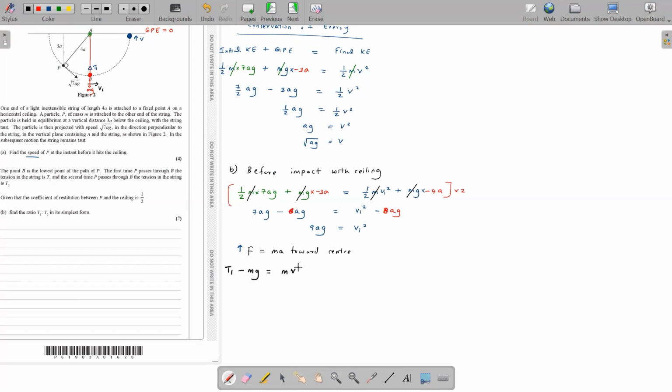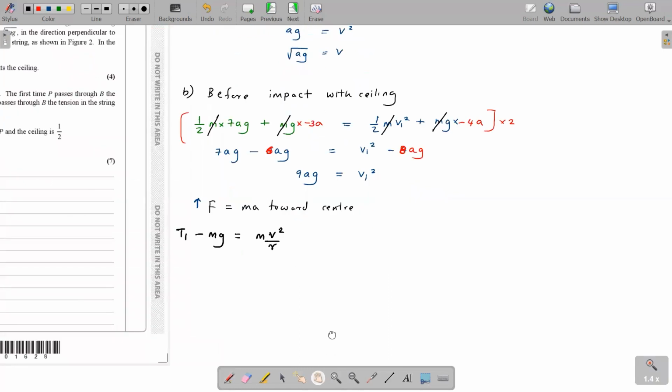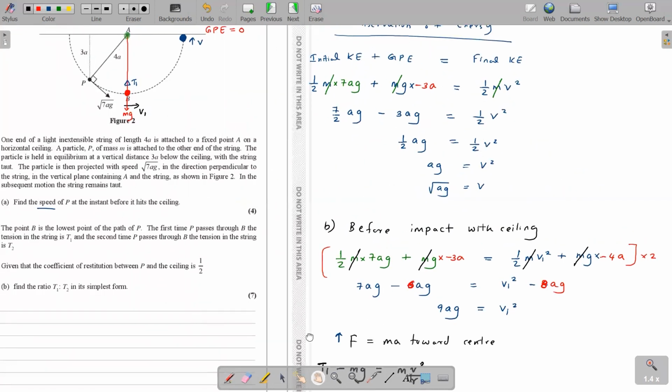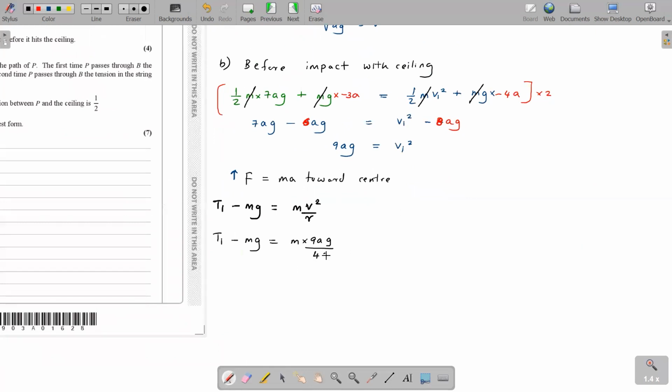We'll go for v squared over r. Substituting, T1 minus mg equals m times v1 squared, which is 9ag, over the radius, which is 4a. The a's cancel out, and you get T1 equals 9 over 4 mg plus mg, which is how much?